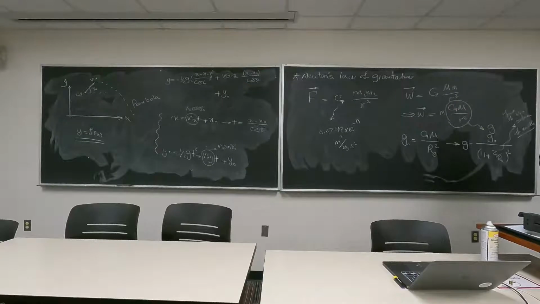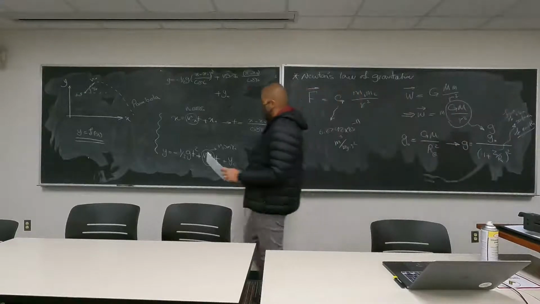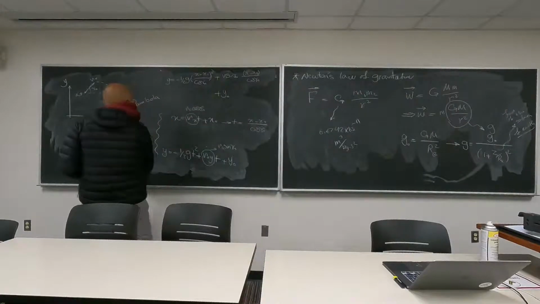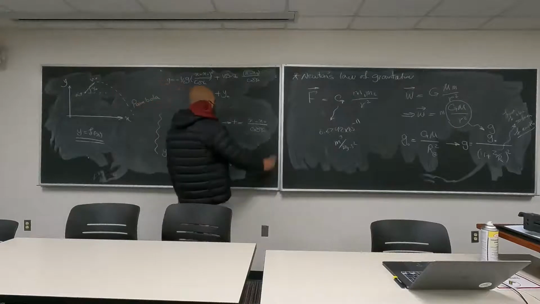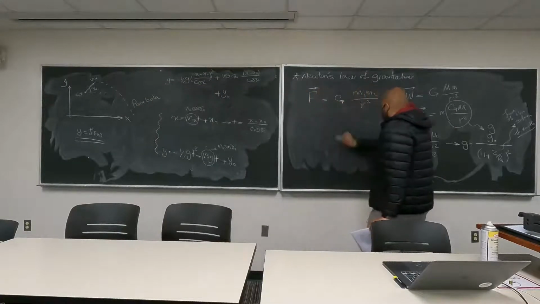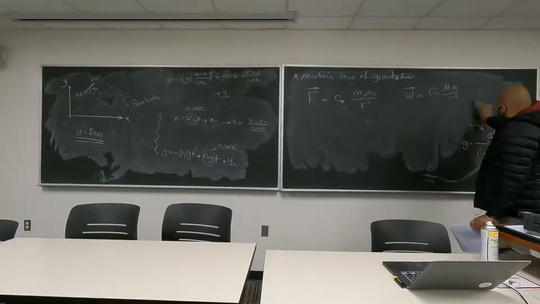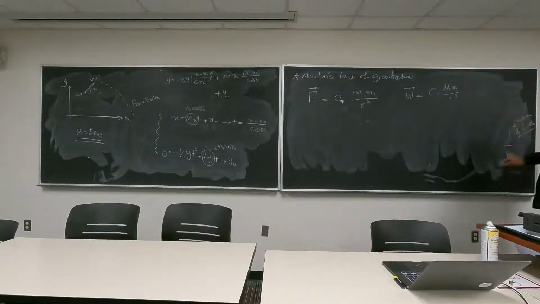Okay. So we talked about gravity. Let's talk about Newton's laws of motion as the next step. Again, this is also a reminder. Let me actually delete these off the board. So this was for an elliptical orbit.